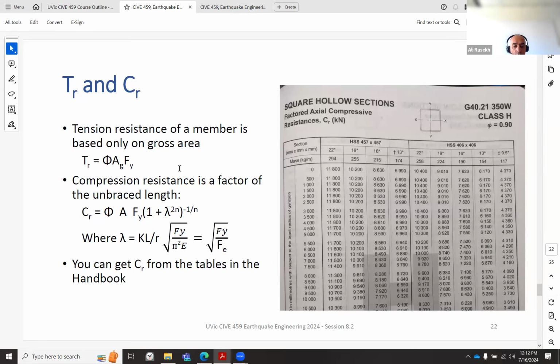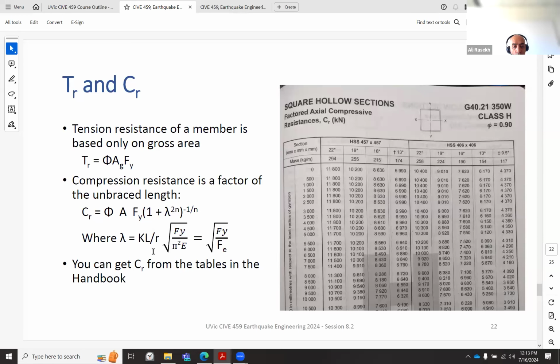Similarly, for compression, it is a factor of the unbraced length. So we should know the unbraced length of the member to assess its buckling resistance. And it's the reduction factor multiplied by the area and Fy, and then there's this factor which is related to the buckling.